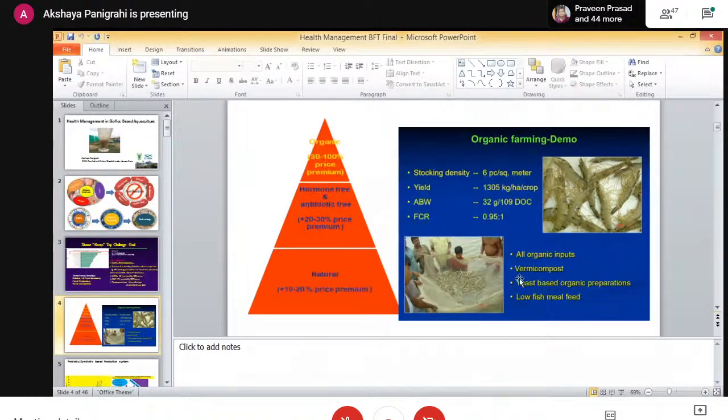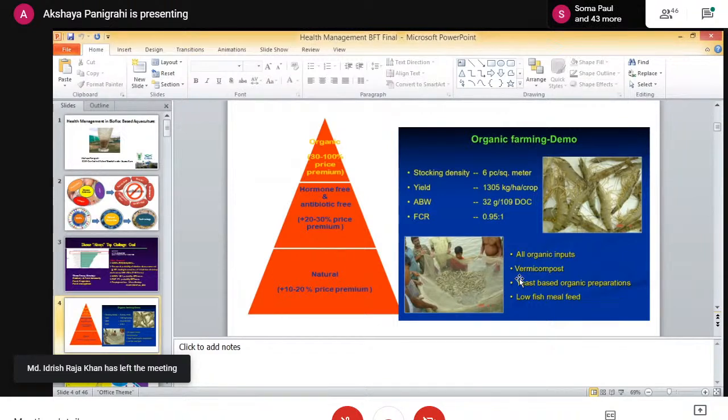In the organic concept, we think of the health and well-being of the animal, so we have to reduce the stocking density and the production limit. Even though you get a higher premium price, natural, hormone-free, organic production is the highest in the pyramid.